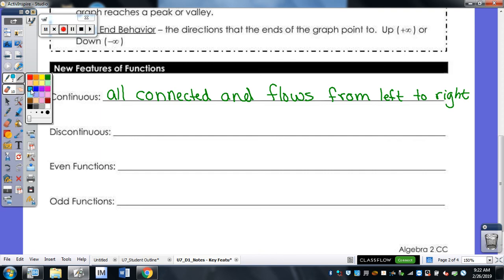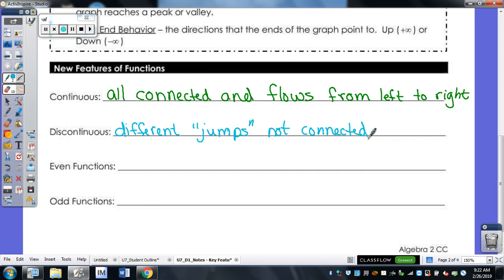Discontinuous simply means your graph has different jumps to it and it's not all connected. So discontinuous, we've dealt with it a little bit in algebra.